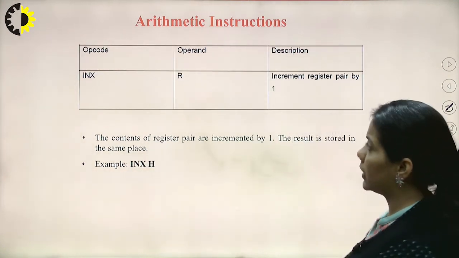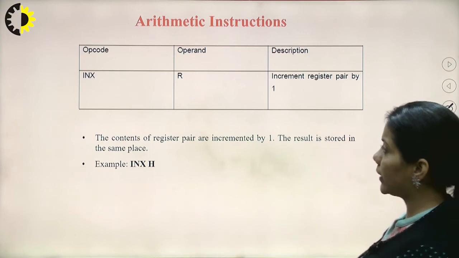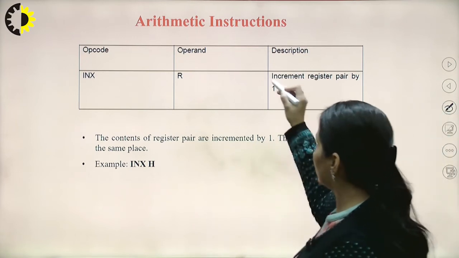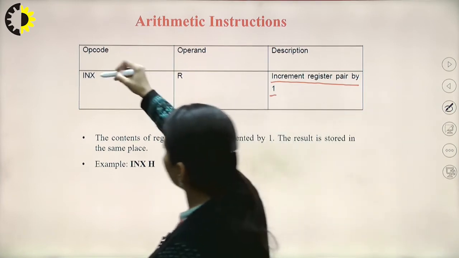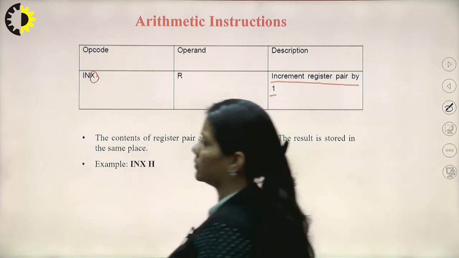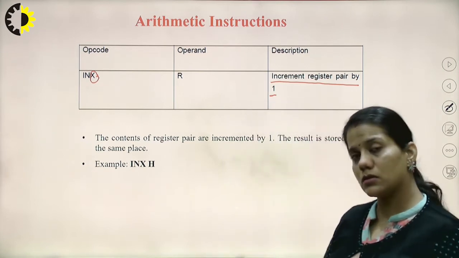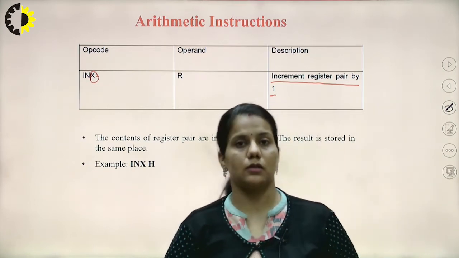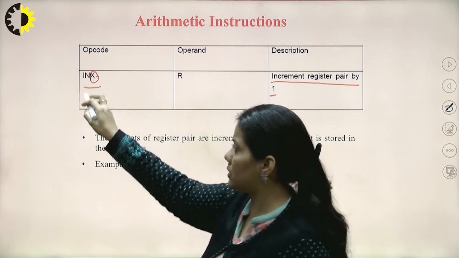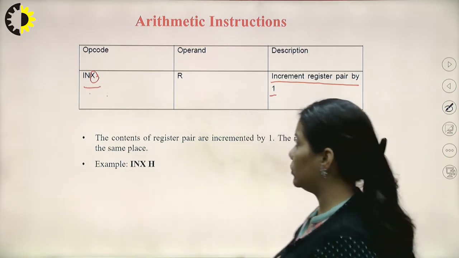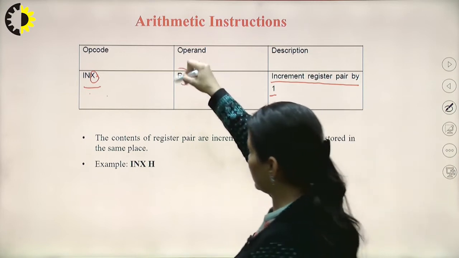Next instruction in this category is INX R, that is, it will increase the register pair by 1. Wherever X is present, it means it is denoting something related to the register pair. So INX means increase the register pair value. Which register pair? Mentioned in the operand.